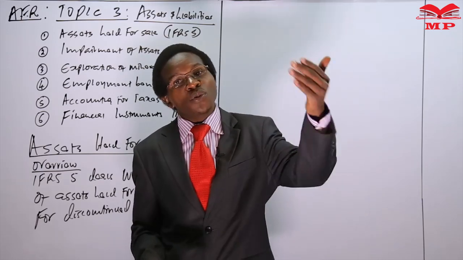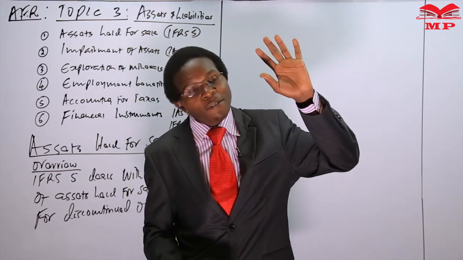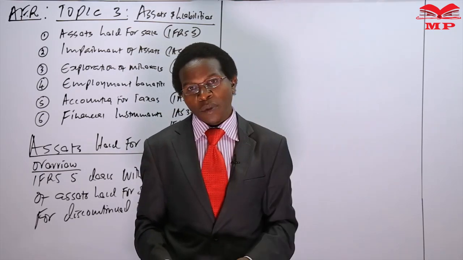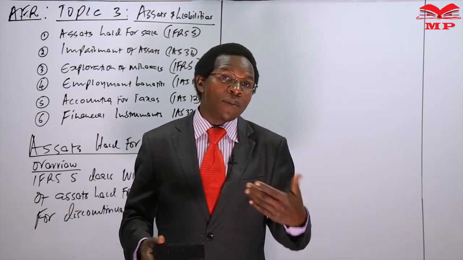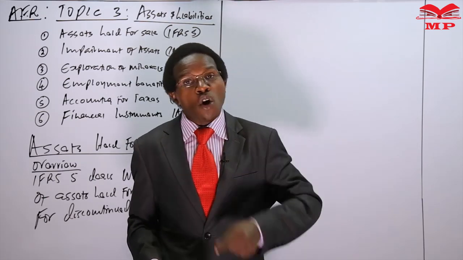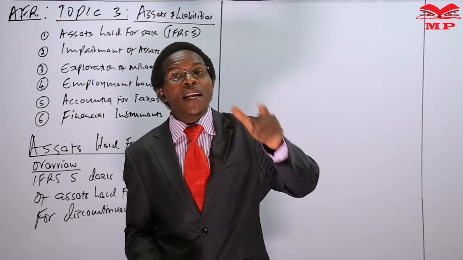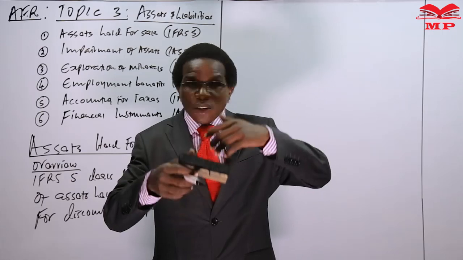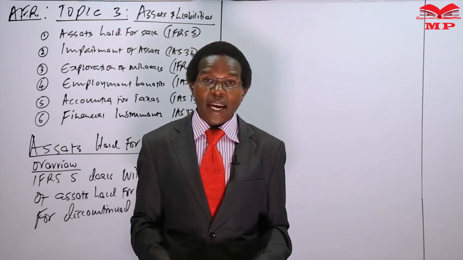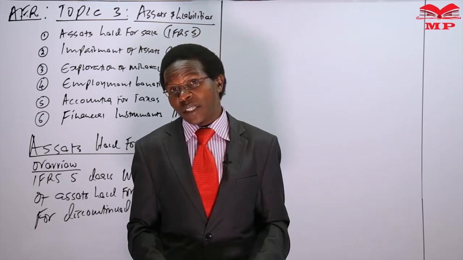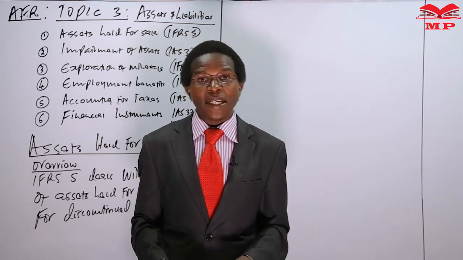So they will recognize it as held for sale. They may not sell it immediately because they may not have a buyer immediately. The decision has been made to sell that asset, but it has not been sold and is likely to be sold in the next 12 months.